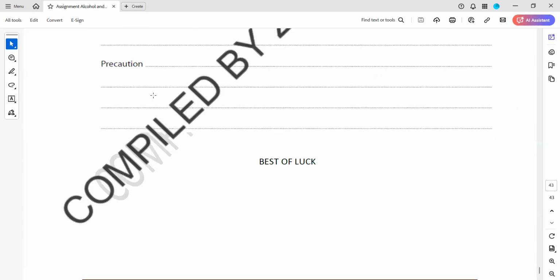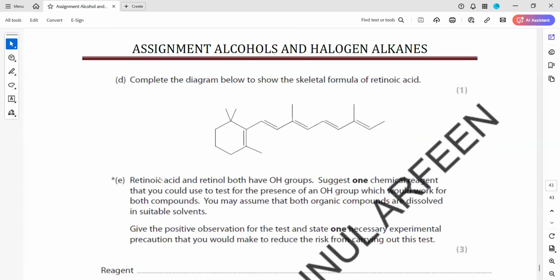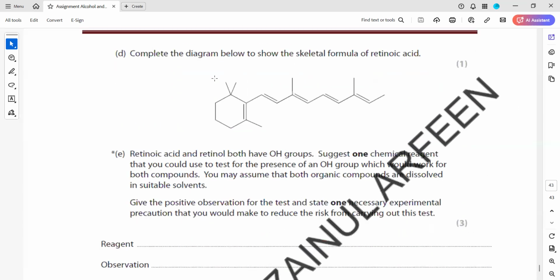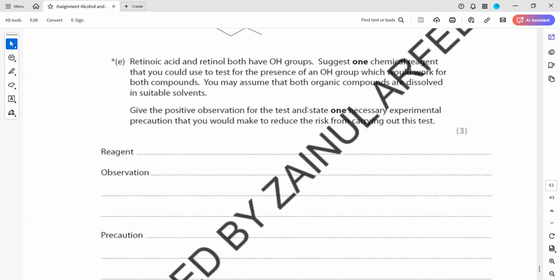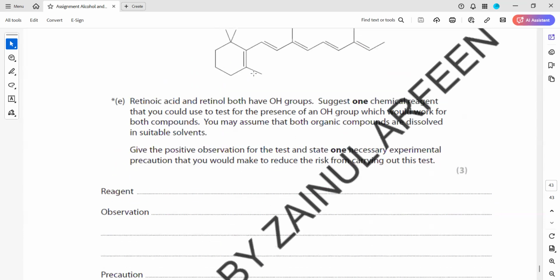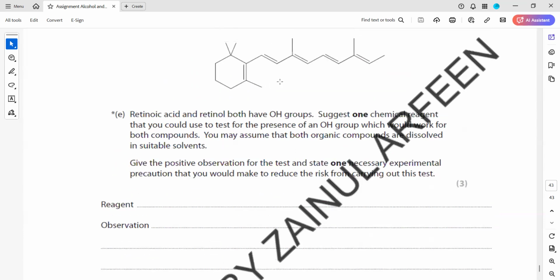Then we have part E: complete the diagram to show the skeletal formula of retinoic acid, and give the observation. Retinoic acid and retinol both have an OH group; suggest one chemical test.